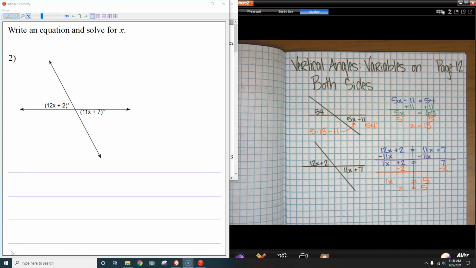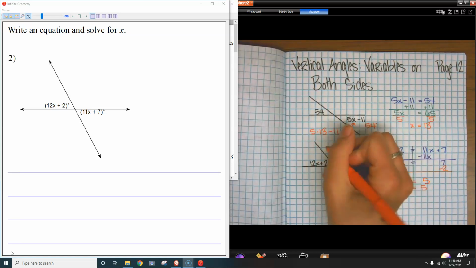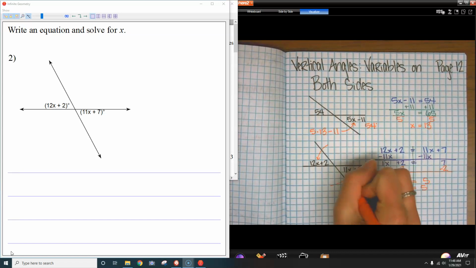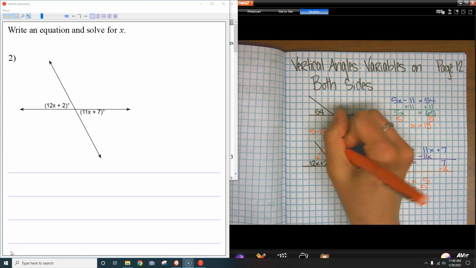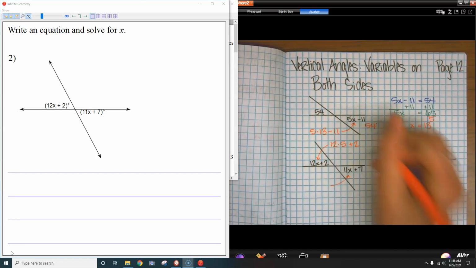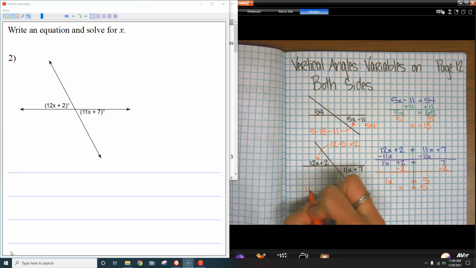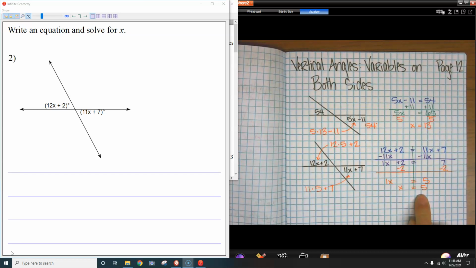So now we're going to plug it in to check to make sure that I didn't make any mistakes in my math. So I'm going to plug 5 in to both expressions and see what happens. So 12 times x, which is 12 times 5, plus 2. On this one, I'm going to do 11 times 5 plus 7, because we said x equals 5.